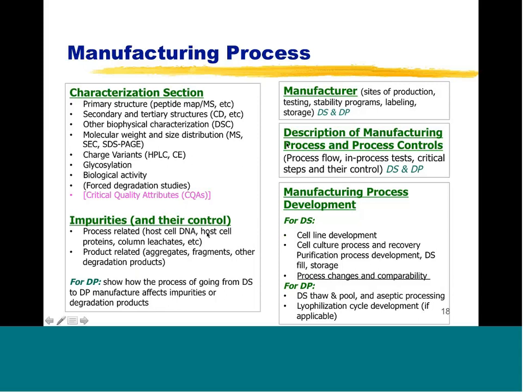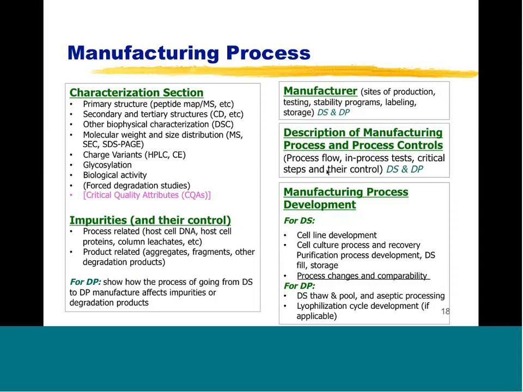On the right side, I mentioned we have to describe the manufacturer, you describe your process flow diagram. Here you have to start talking about what is a critical step. For example, if it's an antibody, you have a protein A. That's a critical process step because it's doing your major cleaning. It's an affinity purification, a major cleaning step.